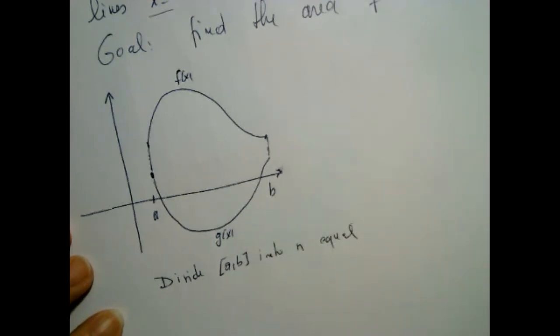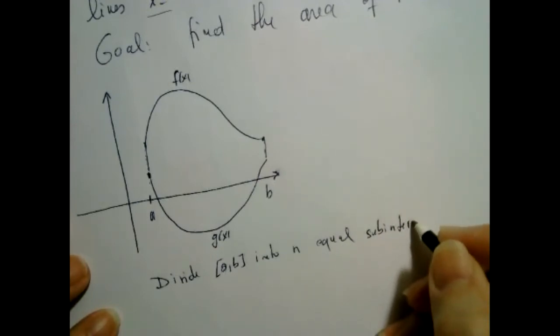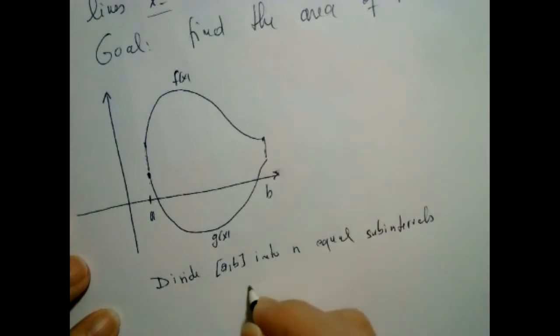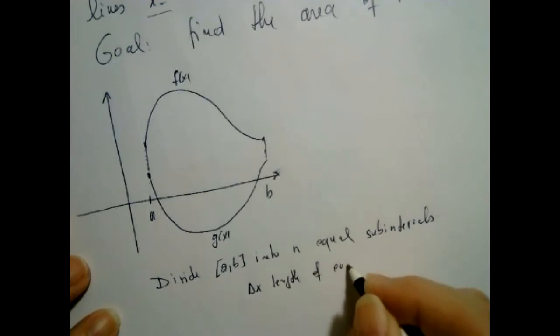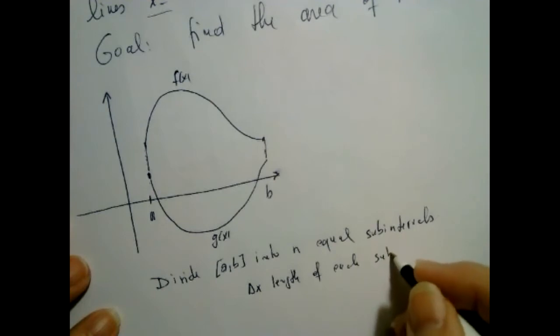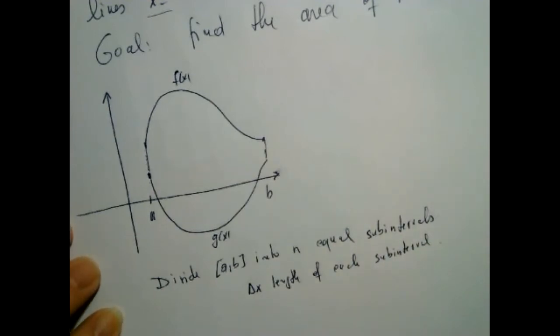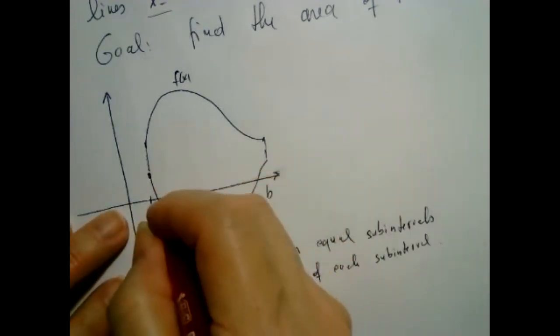So that's the general setting. And delta x is the length of each one. It's very tiny because n should be very large. I'm going to do exactly like last time, but now it's a general scenario.